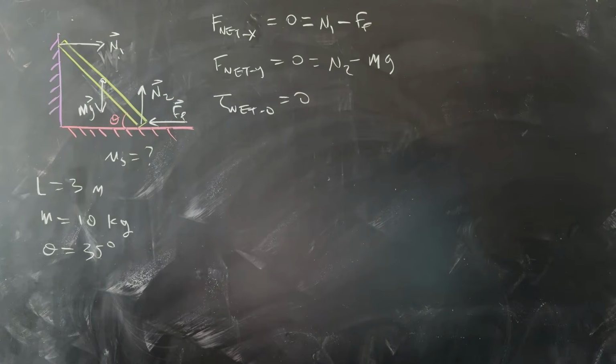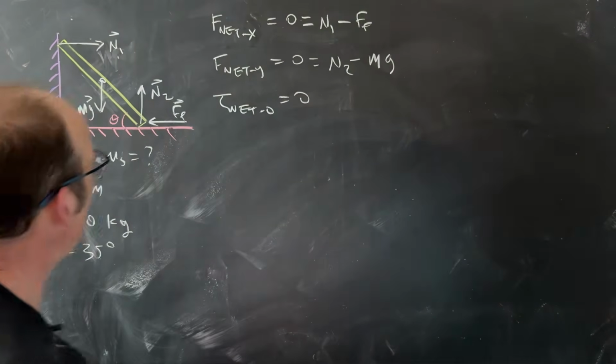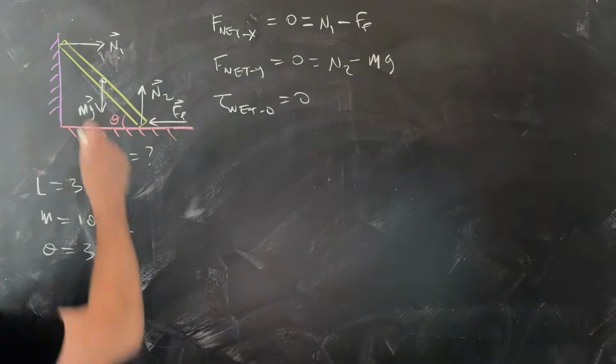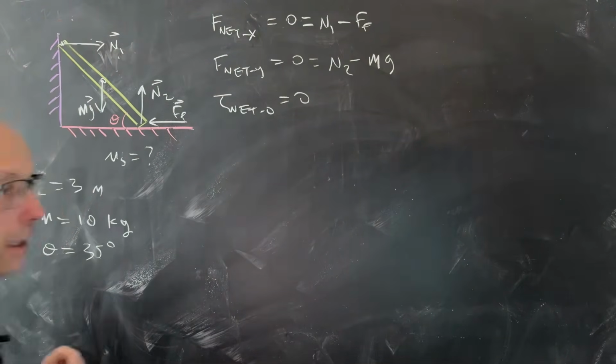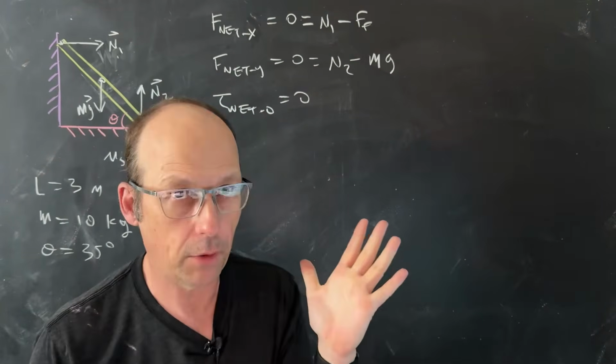Now for the torque, there's no wrong place to pick, okay? But we can pick a place that makes our life a little bit easier. Let's go ahead. I think I'm going to pick the point to calculate the torque up here. And it may be wrong, okay? I didn't work this problem beforehand. We're going to work through it no matter what.